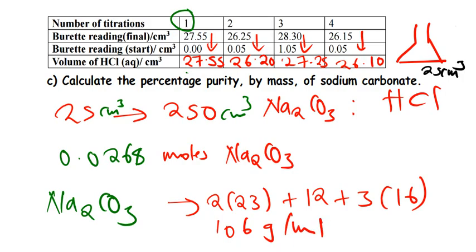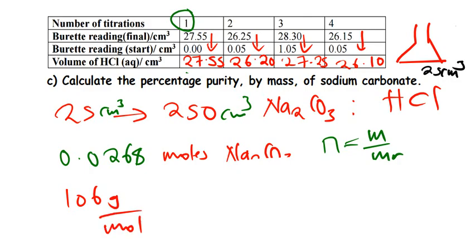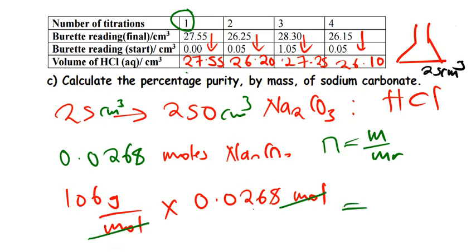So try now to find the mass. You know that number of moles is mass over molar mass, right? So when it comes to determining the mass, it's just a product of the molar mass, which is grams per mole. So you say the 106 grams per mole multiplied against the number of moles, which is 0.0268 moles, and then the moles, of course, will just end up cancelling, so that you ultimately remain with the grams.